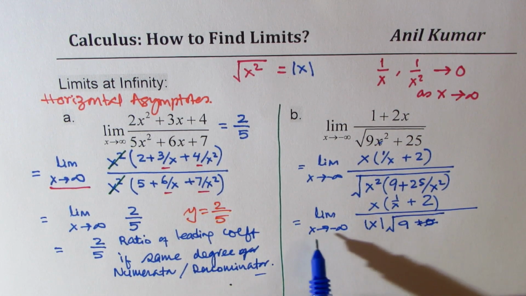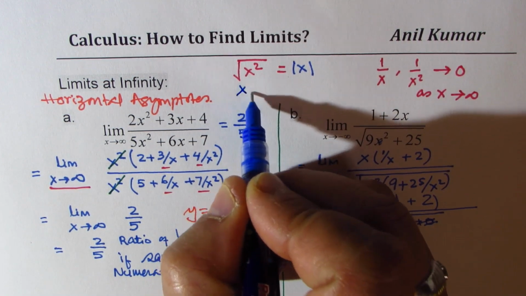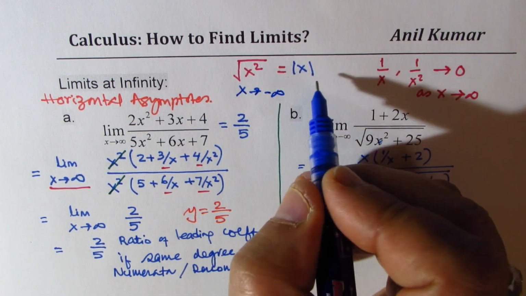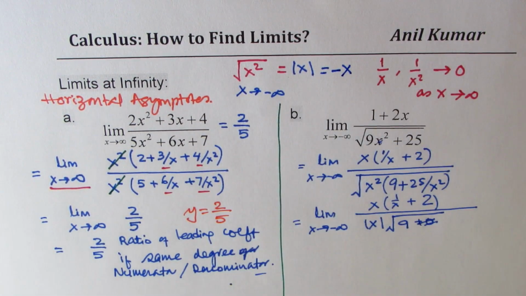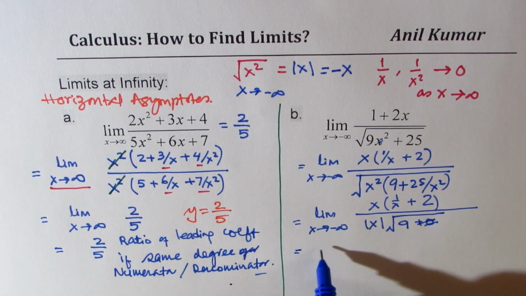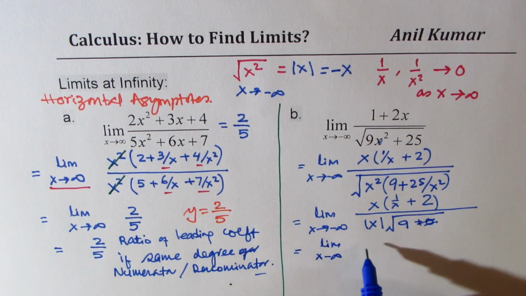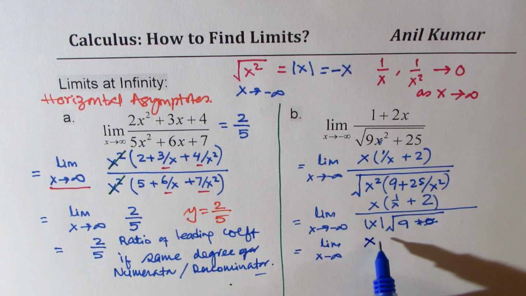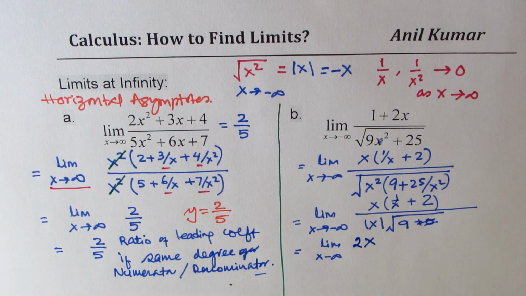Now, what is absolute x when x approaches negative infinity? If x approaches negative infinity, then absolute x is equal to minus x, right? And therefore, we could write this as limit x approaches minus infinity for x times 2, because this is also approaching 0. So I'm writing 2x now.